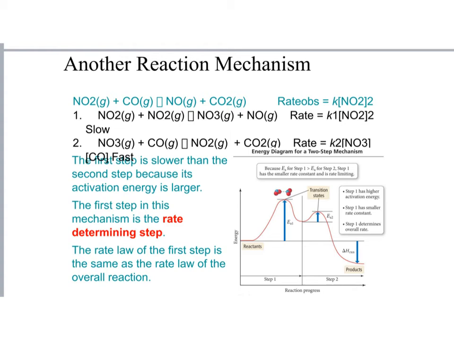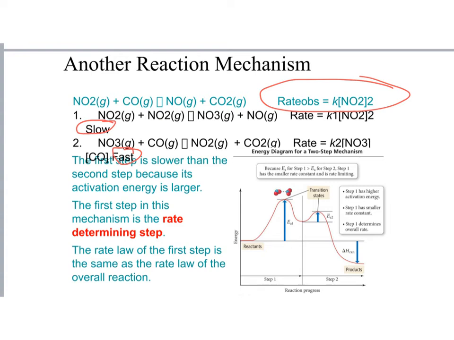So if we again talk through this, what is the overall rate determining step? That's what's going to contribute to this observed rate. If this is noted as being a slow step and this is the fast step, then the slow step is considered the rate determining step.